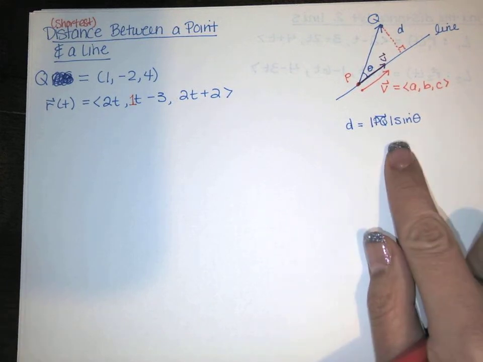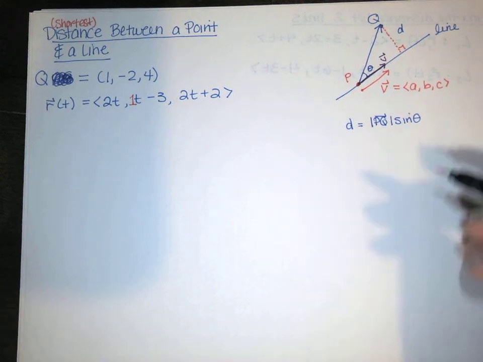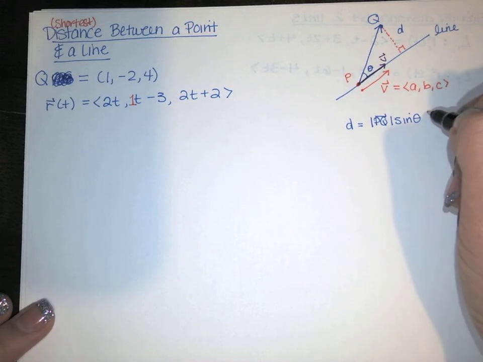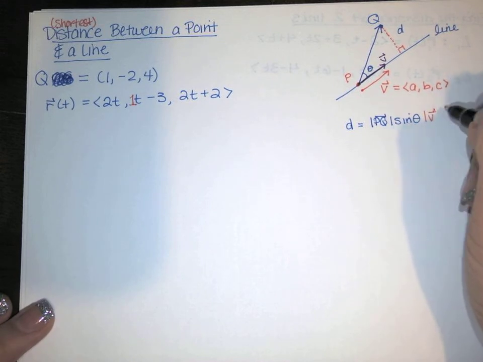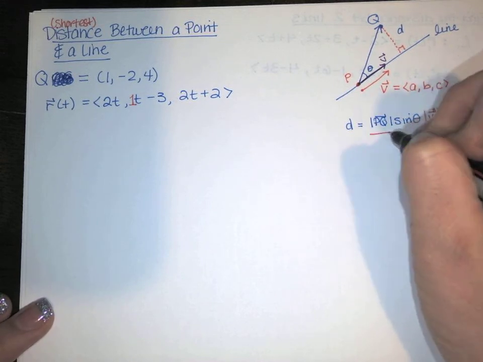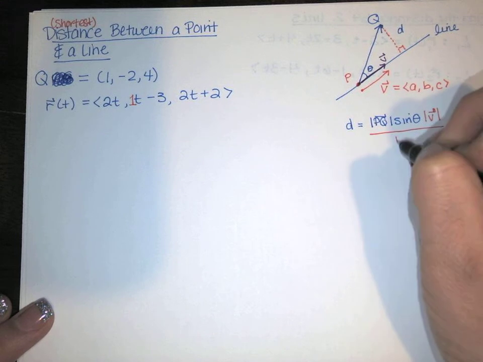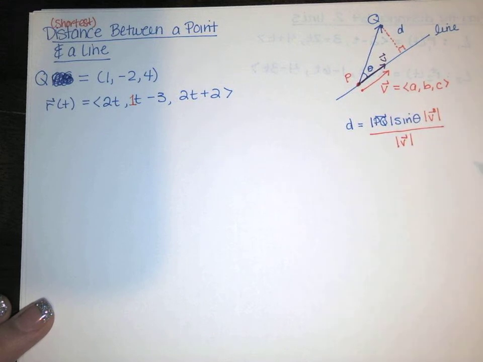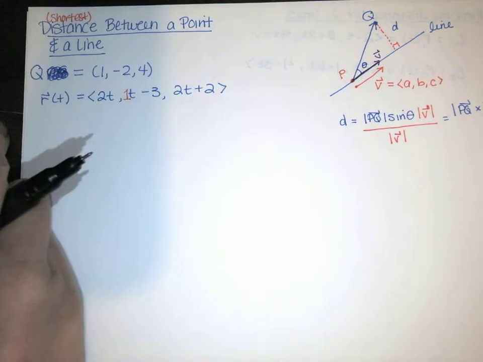We say, hey, that looks a lot like a cross product, or the length of a cross product. So I'm going to multiply by the length of V, the length of the direction vector, and divide by the length of V. And what do you know? That is the magnitude of the cross product of PQ with V.